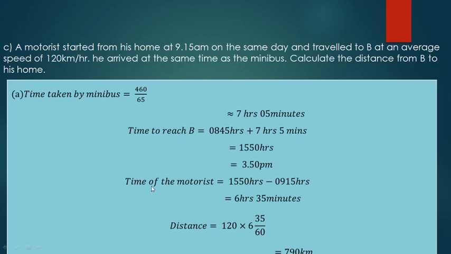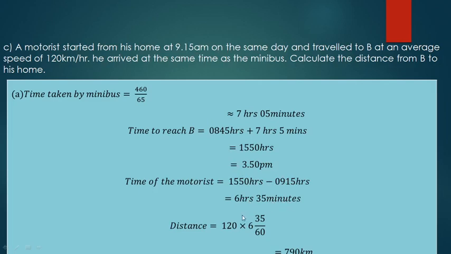So the time the motorist must take to arrive at the same hour is 15:50 minus the time he started, which is 9:15 a.m., which gives you 6 hours and 35 minutes.